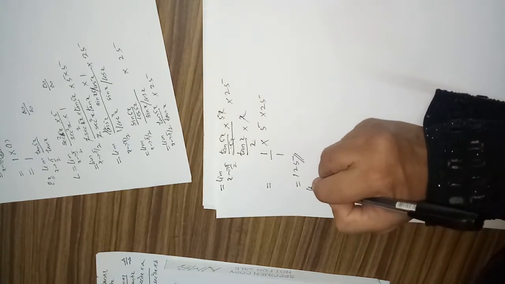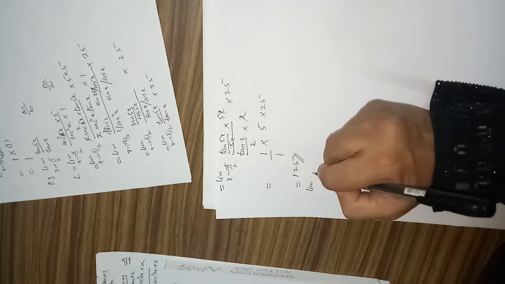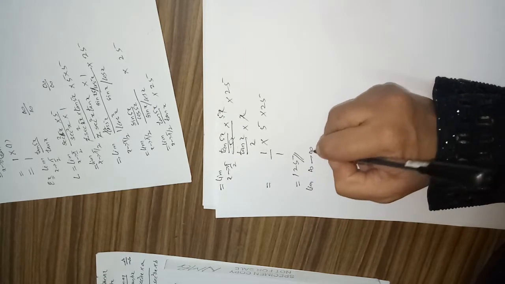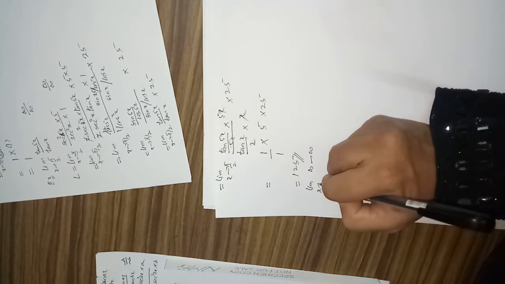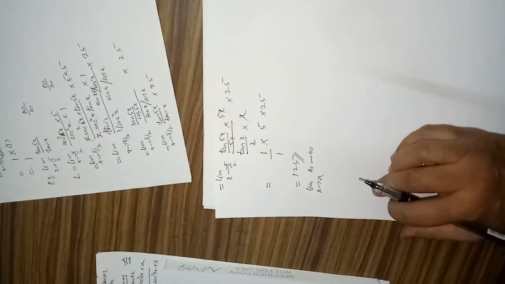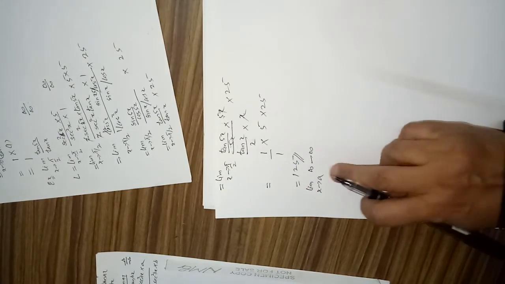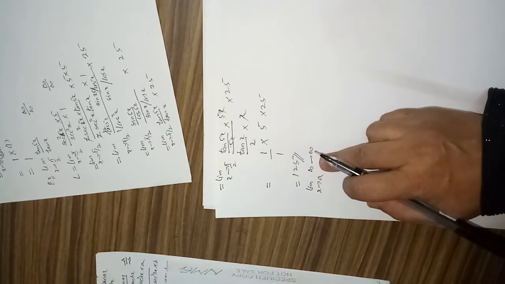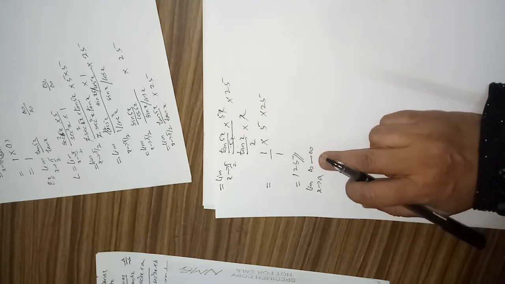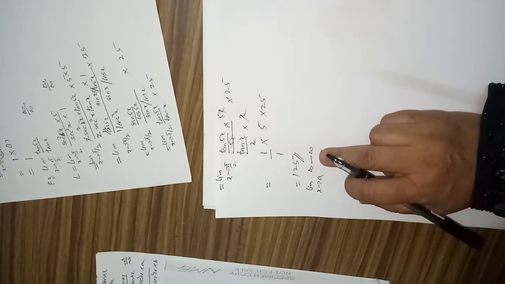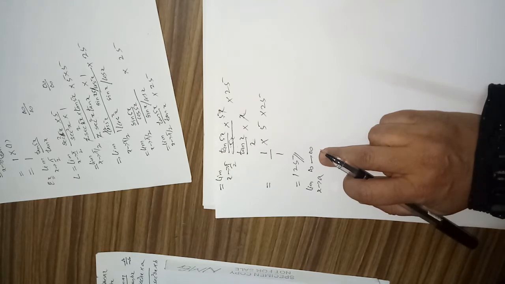Limit of infinity minus infinity form as x tends to any value, say a. If any function reduces to this form, then we have to find its limit by using L'Hospital's rule. Let's see how it is to be applied.